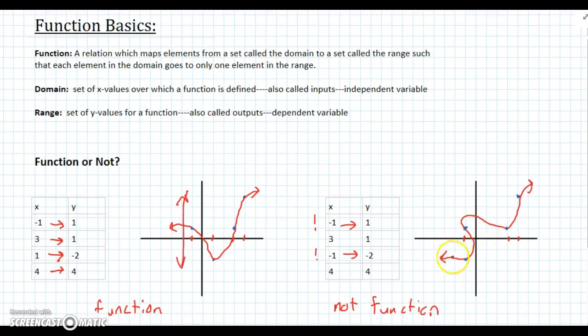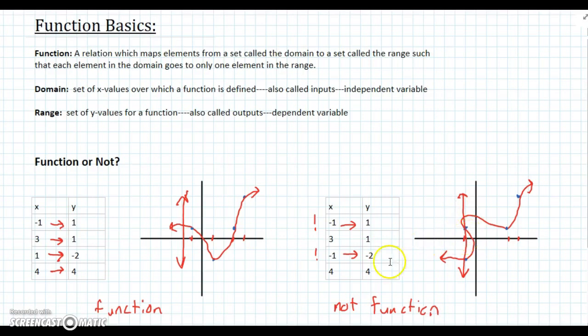Now this would not be a function because if we use the vertical line test, we can draw a vertical line, drag it across, but we're going to have a problem right here at x equals -1, right? Because it is touching the graph at multiple points, 3 to be exact. One of them wasn't even shown in the table, the way I'd drawn it. So this, again, not a function. It fails the vertical line test because the vertical line touches it multiple times.